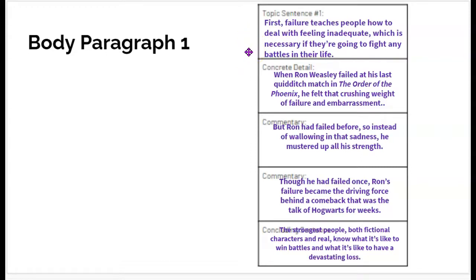Oh, what do they mean? Can they give us a specific example? Because that's what we're looking for here. So they give us a concrete detail from literature. When Ron Weasley failed at his last Quidditch match in the Order of the Phoenix, he felt that crushing weight of failure and embarrassment. Okay, if they stopped right there when they gave us an example, do they tell us how failure helped him?